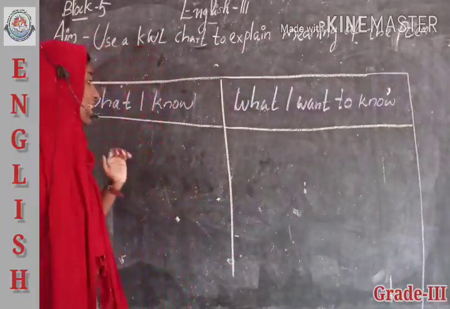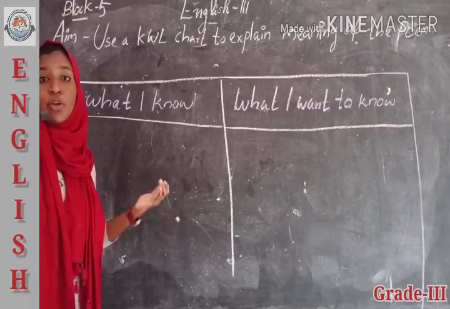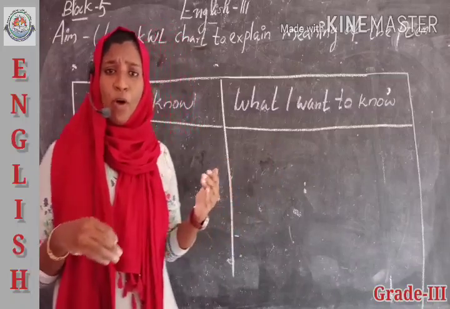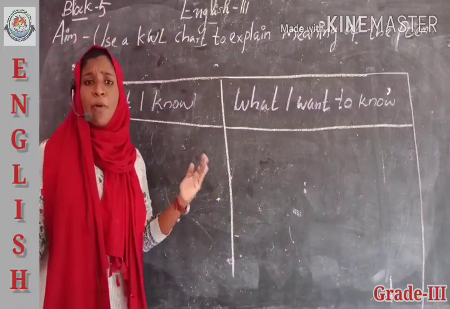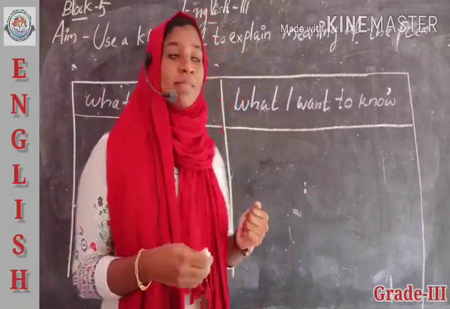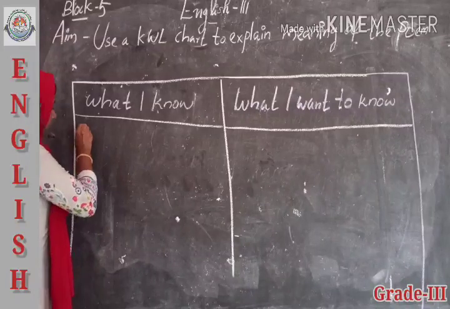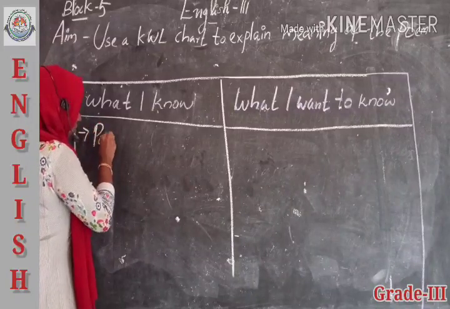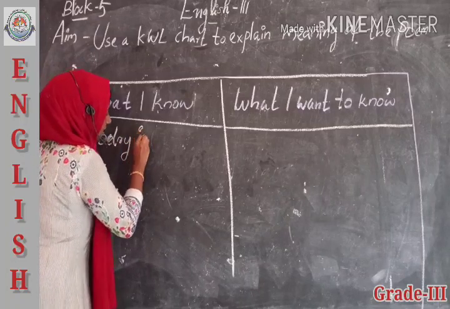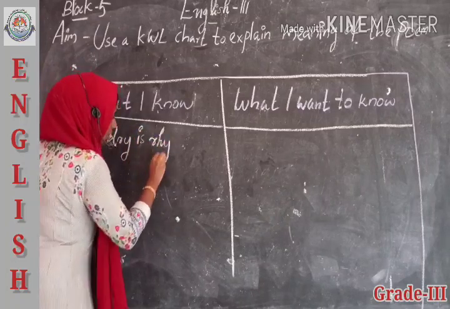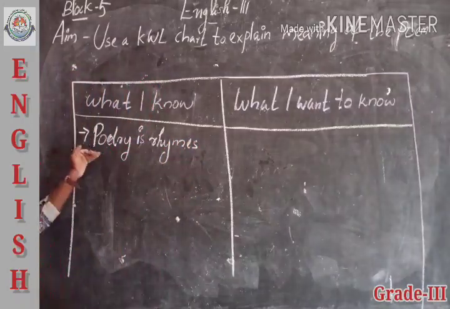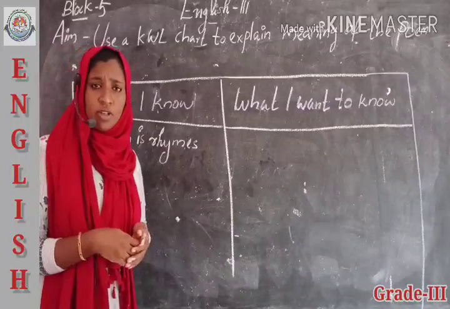So children, please tell me what you know about this poem. Yes, we know that it is a poem. That means the genre is poetry. So poetry is rhyme. So we can write, poetry is rhymes. Is it clear? We know that poetry is rhymes, that we already know, isn't it?